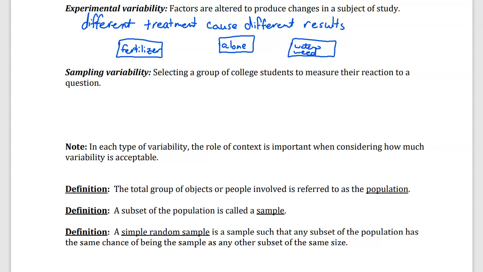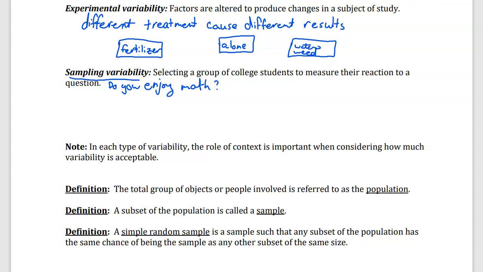There is also what is considered sampling variability. You're selecting a group of college students to measure their reaction to a question. So let's say that my question is, do you enjoy math?